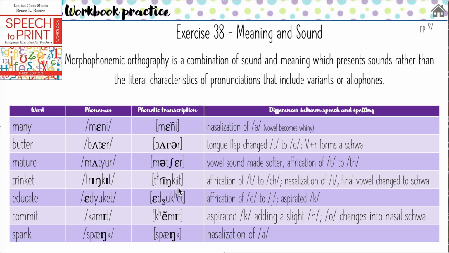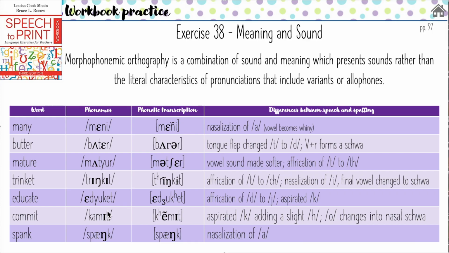And educate: because you have this d in between two vowel sounds, it often sounds a lot more like a j, because we don't want to turn our voice off. And we actually have a little bit of aspiration on that k sound when we say educate, just a little more air coming off of that one. So there's a balance of teaching kids to pull apart the sounds, but not pull them apart too much. Try to listen for that pure sound we were talking about in chapter 3.